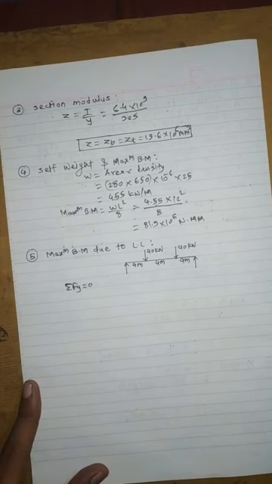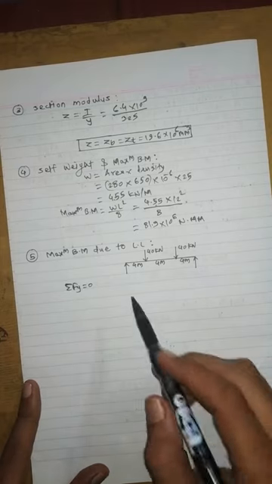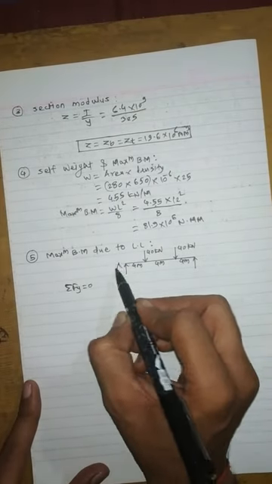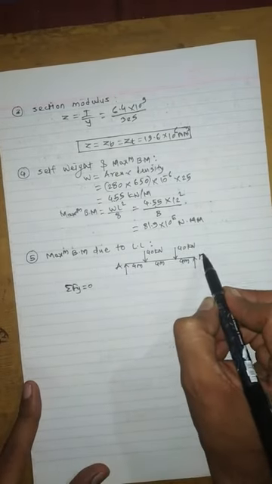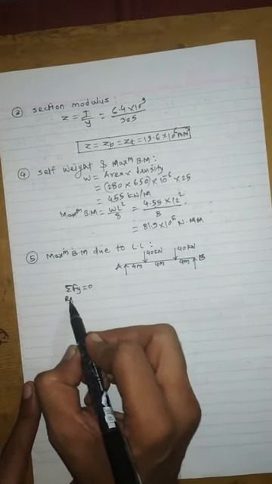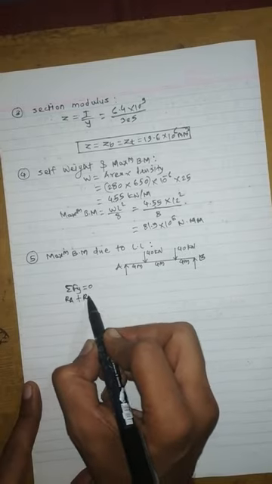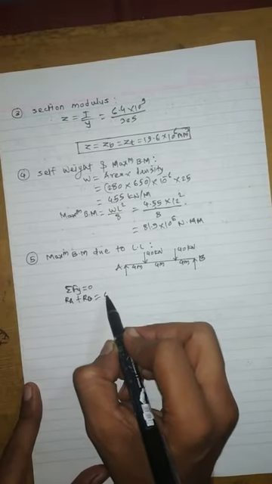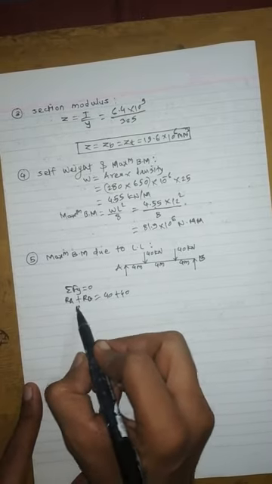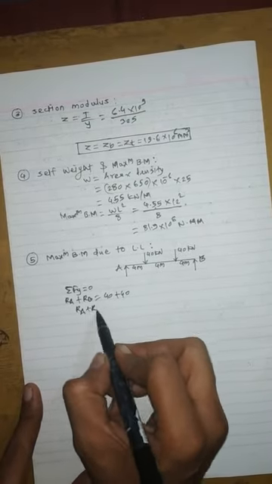Condition 2, summation Fy equal to 0, meaning summation of all vertical forces equal to 0. So if we consider the left support as point A and the right support as point B, vertical reaction RA plus vertical reaction RB equal to downward load of 40 plus 40. So RA plus RB equal to 80 kilonewton.